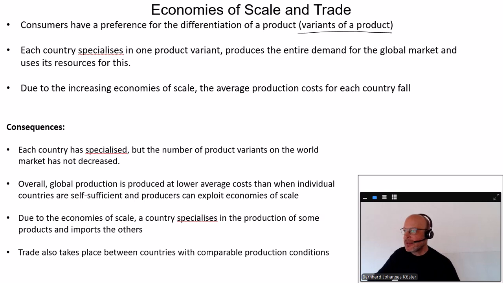If in every country we have this situation that within a small interval we are a monopolist, then we can create these increasing returns to scale, and average costs will fall.